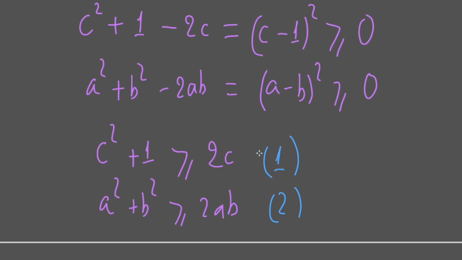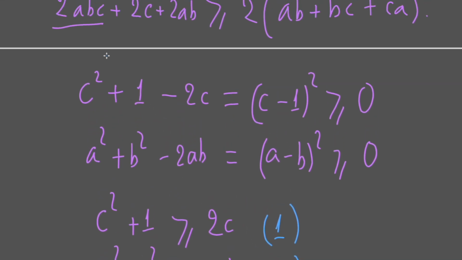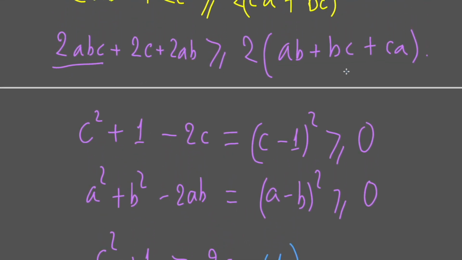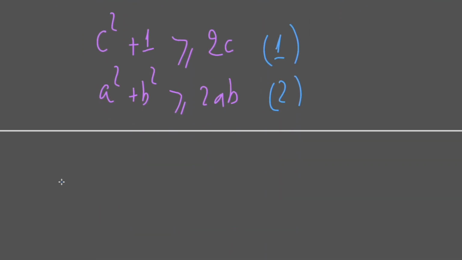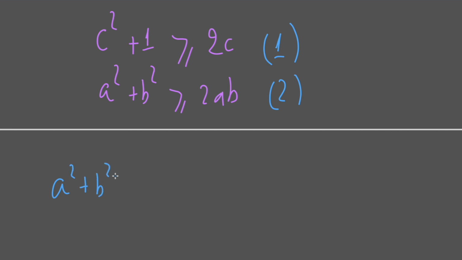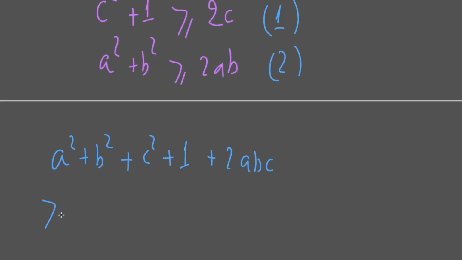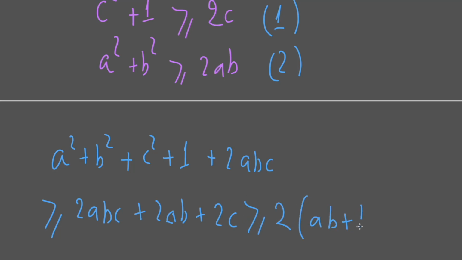From inequality 1 and inequality 2, you combine with this one. Then you will have a squared plus b squared plus c squared plus 1 plus 2abc greater or equal than 2abc plus 2ab plus 2c, and greater or equal than 2ab plus bc plus ca.